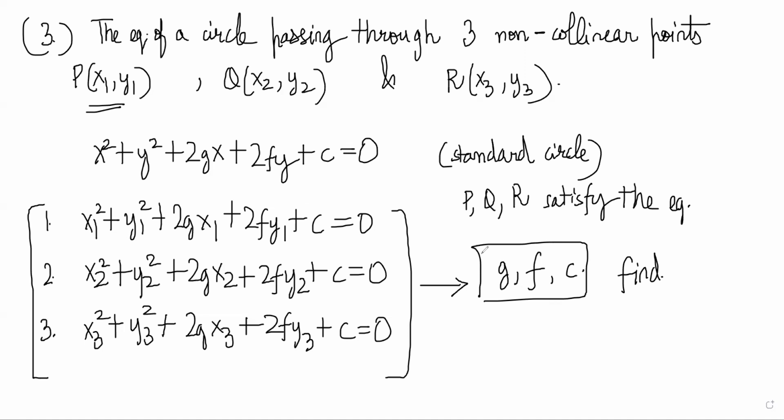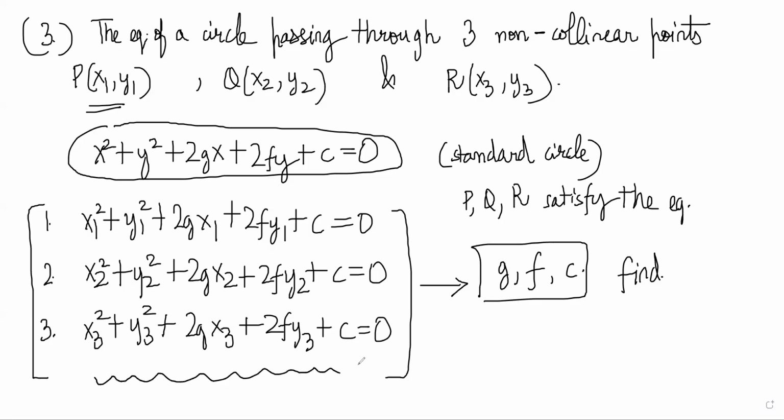If you get the g, f, and c values, that is your circle equation, right? You put that in this equation. However, in the exam, if it becomes a little too difficult to solve these equations, there is a way to remember the answer as well. However, I would recommend that you only do it once you have tried solving the equations.